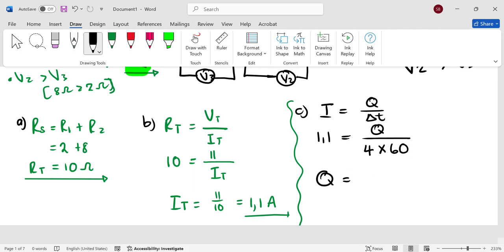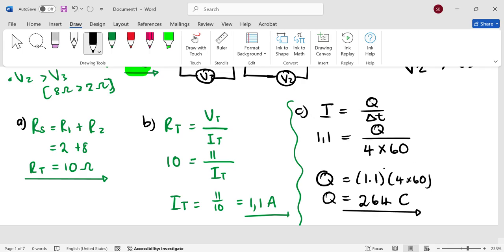The charge will be 1.1 times 4 times 60, and that gives me 264 coulombs of charge.